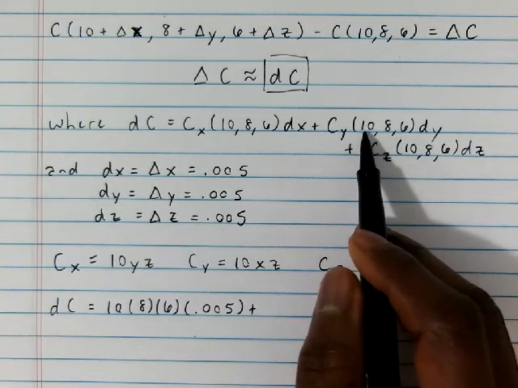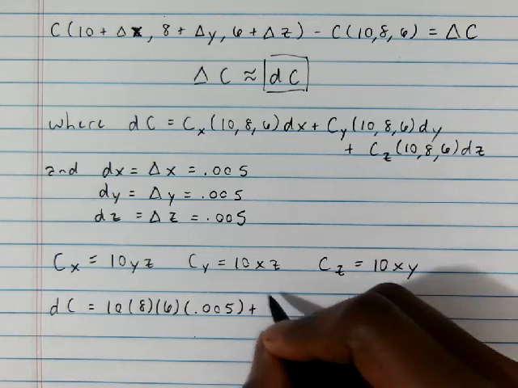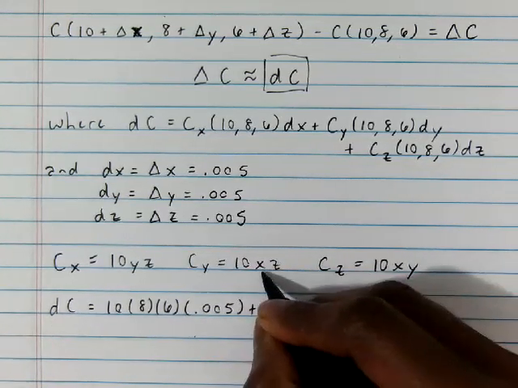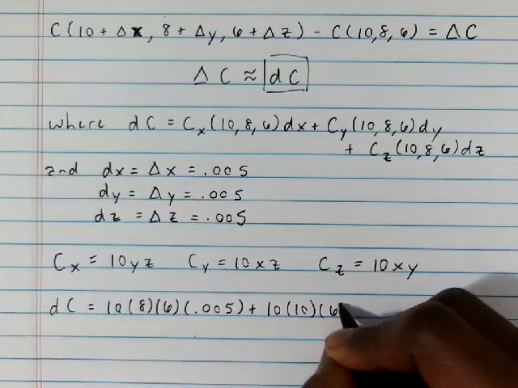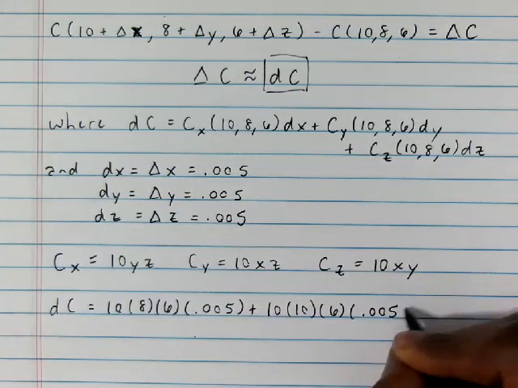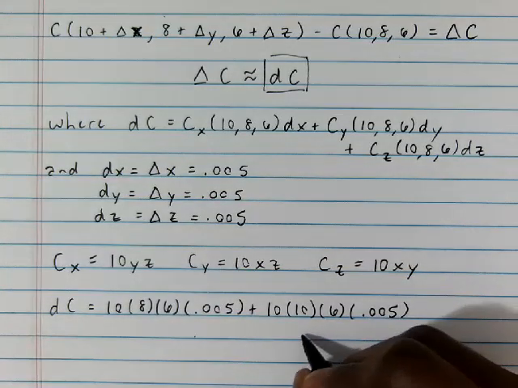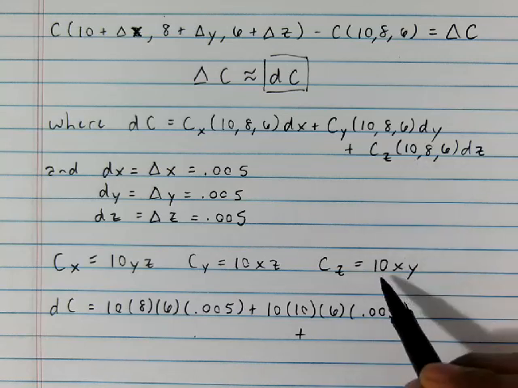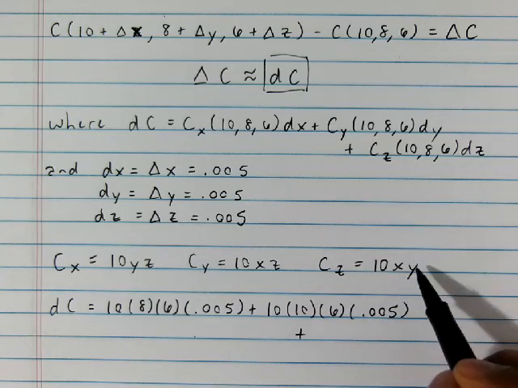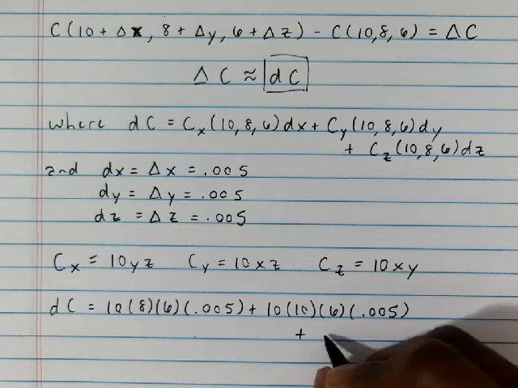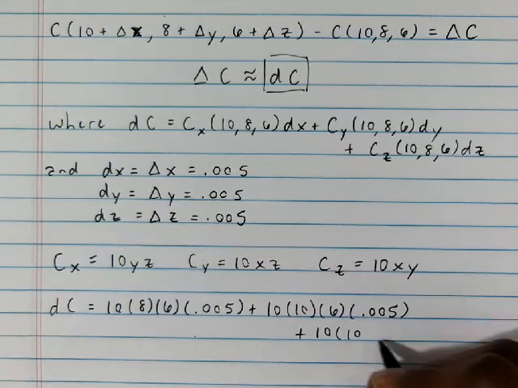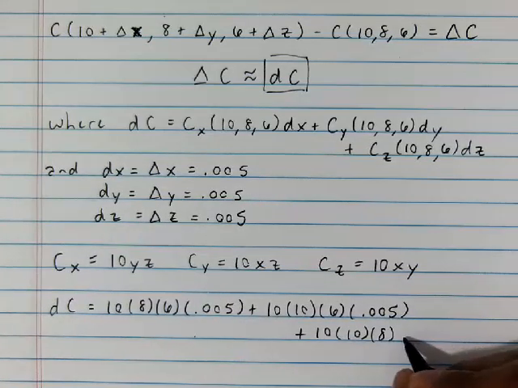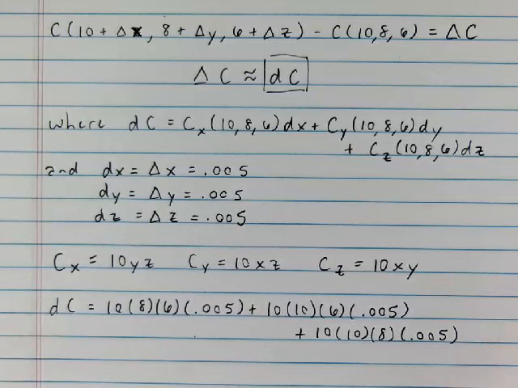Our x is 10, our z is 6. So we're going to have 10 times 10 times 6 times 0.005, and then plus our x and our y times 10. So 10 times 10 times 8 times 0.005.